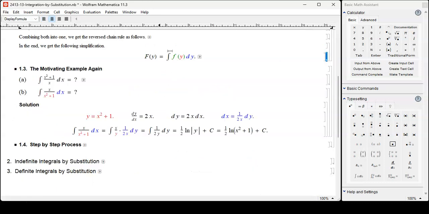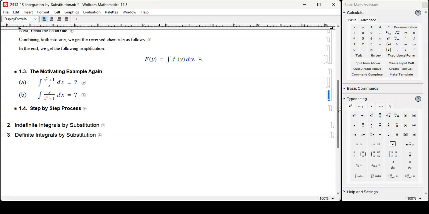Put those in, and the green part is not that important. I didn't specify green, I'll just use black. And then put those in, and then do your simplification. You ended up with a much simpler integral. And then the antiderivative computation is easy. And then the original substitution, that completes the problem.